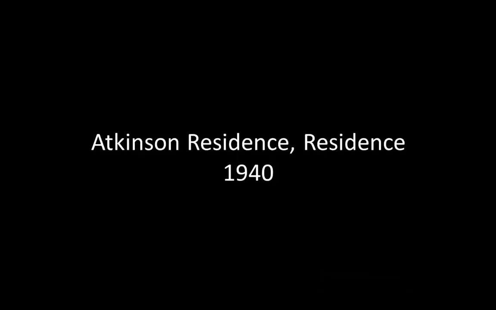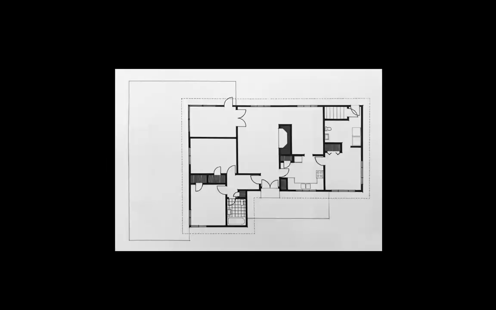Okay, now we begin with maybe his first building or one of the very first, a residence. Of course, a young architect starts with small buildings. So he was actually very young, 22 now. He was born in 1918. So at 22, he designed the Atkinson residence.